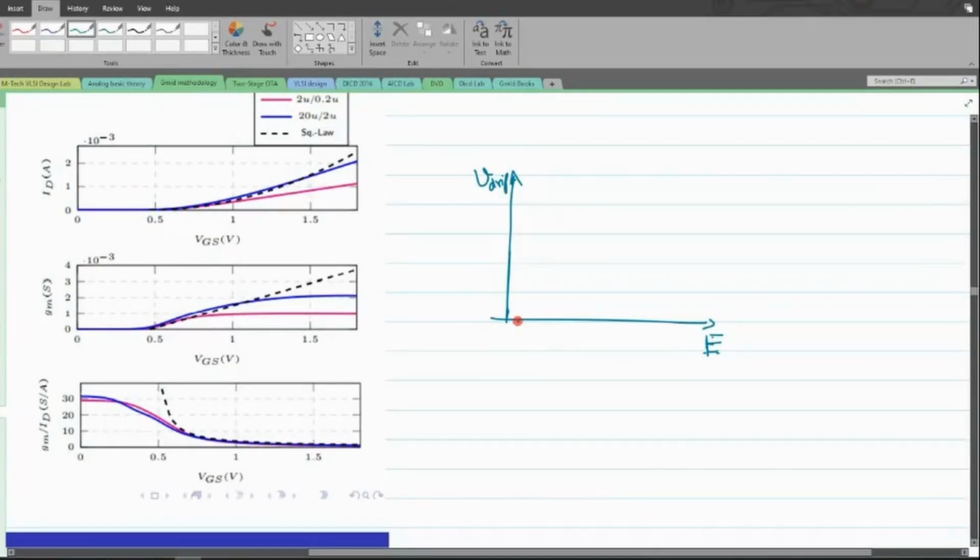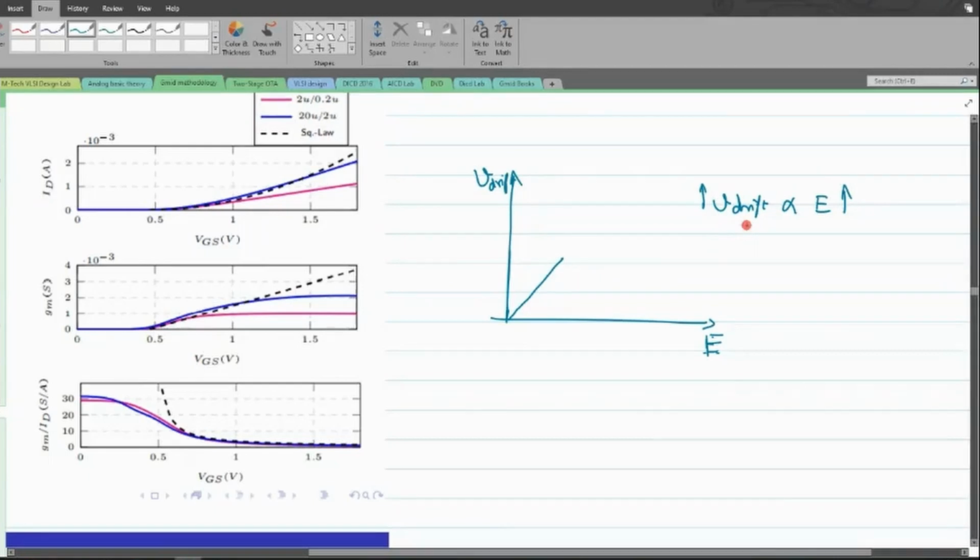Based on basic physics, we know that as we increase the electric field, the velocity of the carriers becomes higher. Normally, the drift velocity is proportional to the electric field, so the higher the electric field, the velocity of the carriers will also rise.